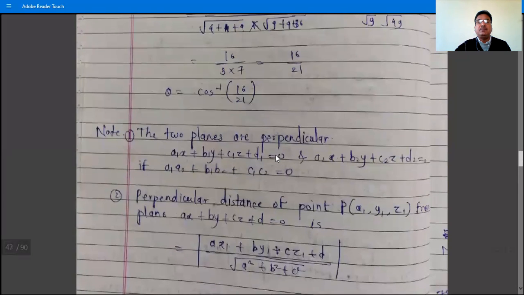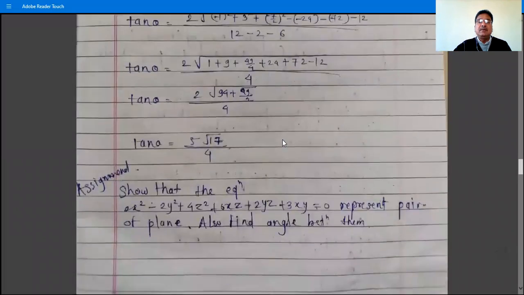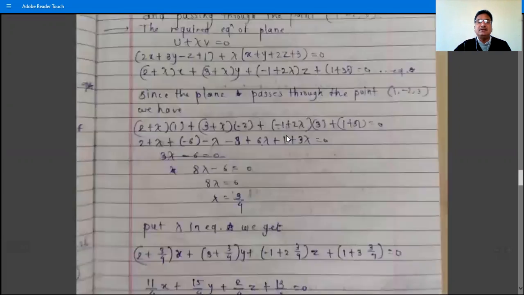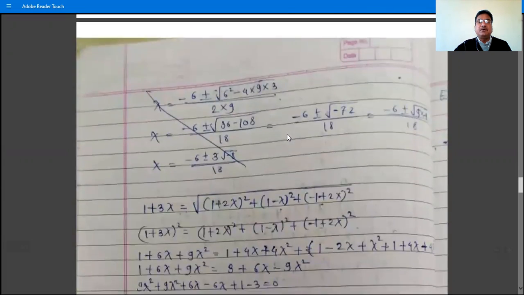The perpendicular distance of the point P (x1, y1, z1) from the plane ax plus by plus cz plus d is equal to 0 is: a x1, that is, replace x by the x coordinate of the point, y by the y coordinate, and z by the z coordinate, plus d as it is, divided by the root of the square of the coefficient of x plus the square of the coefficient of y plus the square of the coefficient of z. So use this formula to find the distance of the origin from the plane.